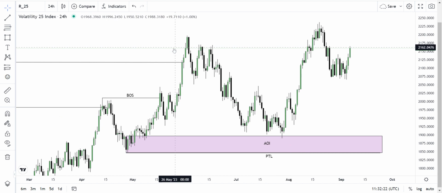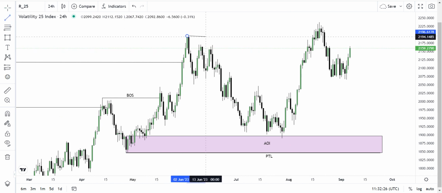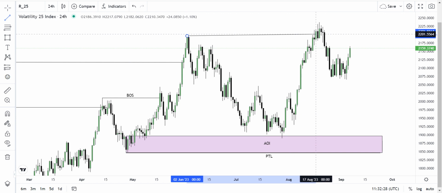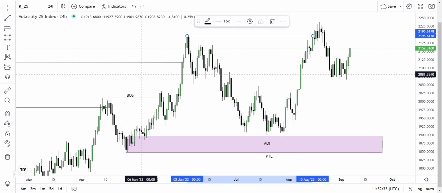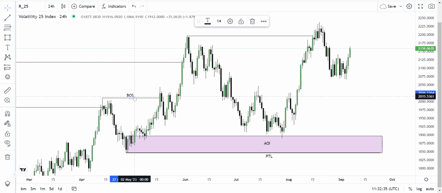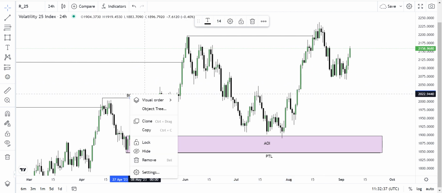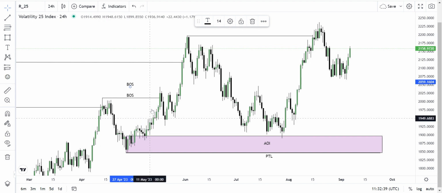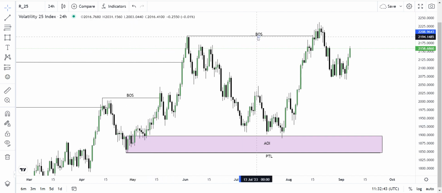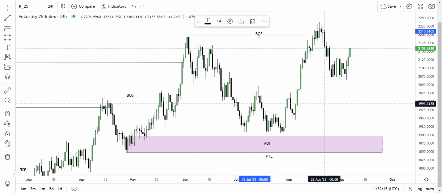Again, it's another break of structure. There was a BOS around this point. So what will be our protected low?